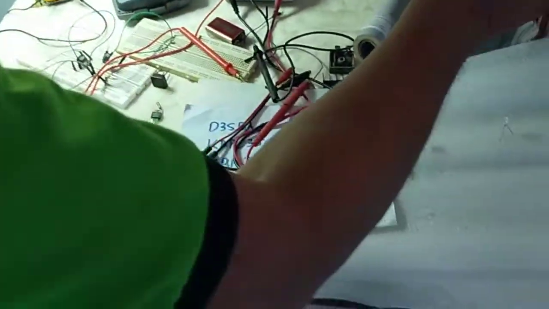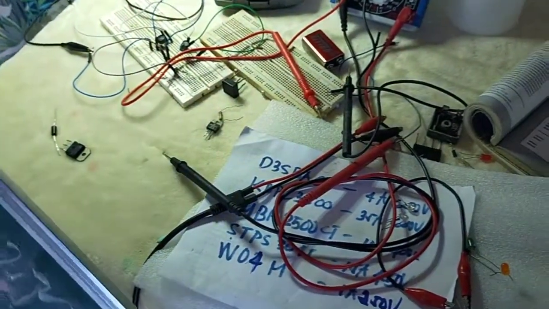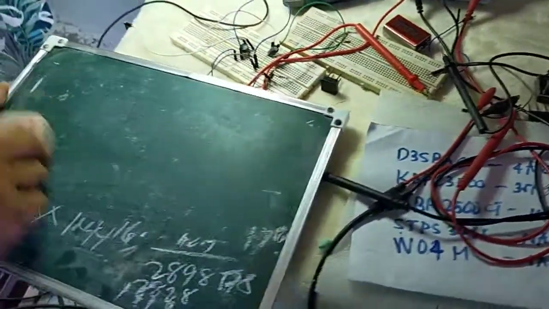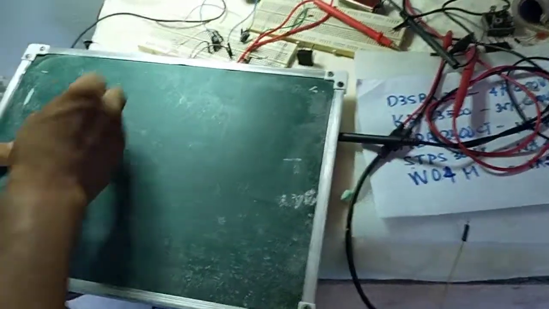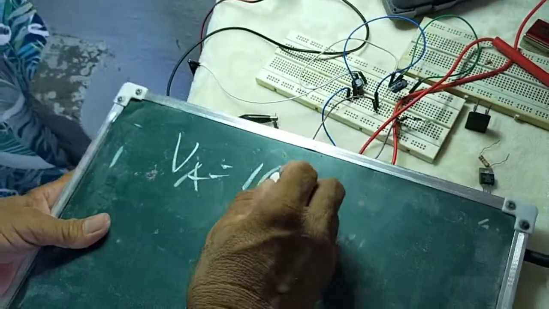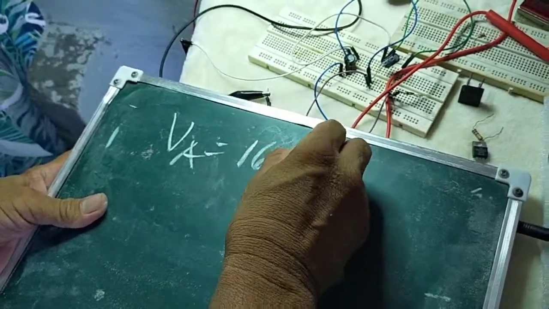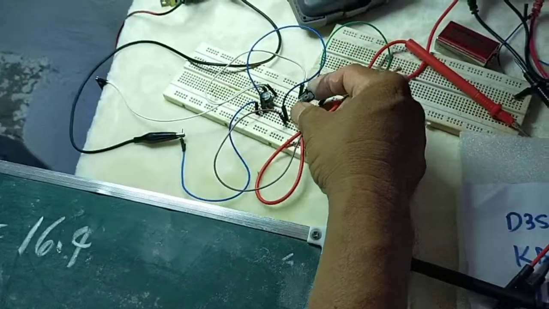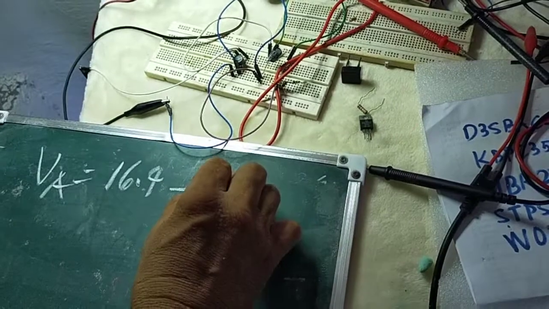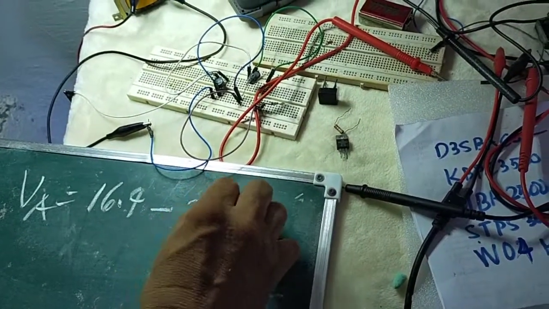Okay? Now, how do you compute for the resistance of the resistor? So, the applied voltage is 16.4 volts. That is right across this capacitor, DC, minus the light emitting diode voltage.